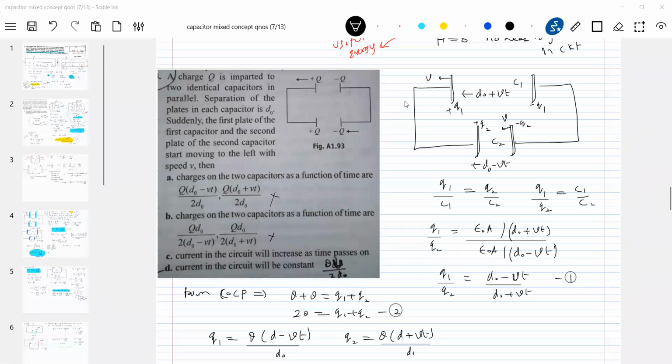So the charge at any instant of time, that rate of change of charge only is the current, no? Because what is Q1? Q1 is the charge at any instant of time, the total charge. Look at the equations, how we assumed it. So you should not write the charge here equal to again Q minus something. Q1 is the charge at time t. This is at t equals 0, and this is at time t.